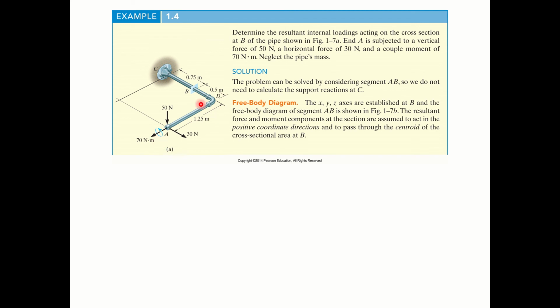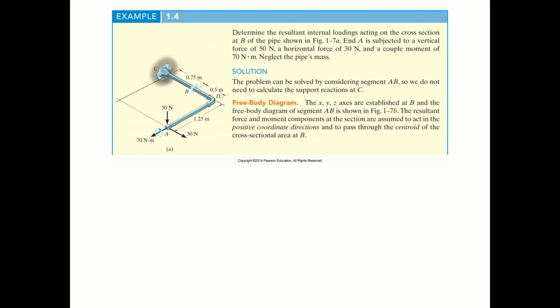It wants you to calculate the internal loads acting on the cross section at B. So you have to consider this problem in three dimensions.